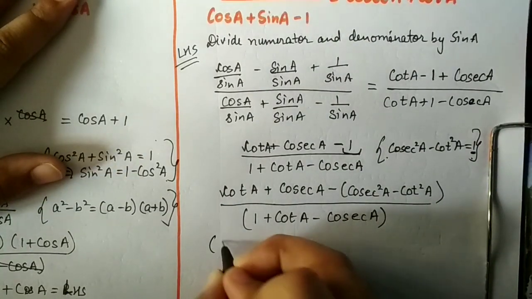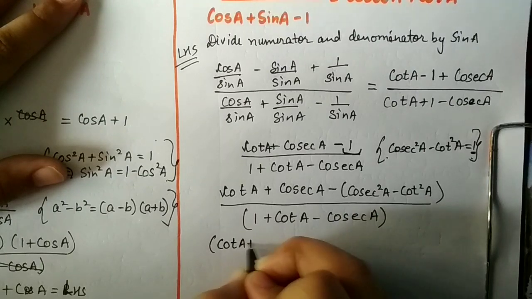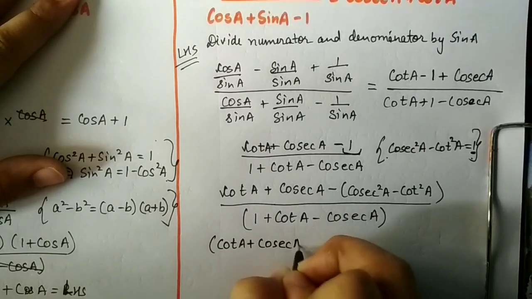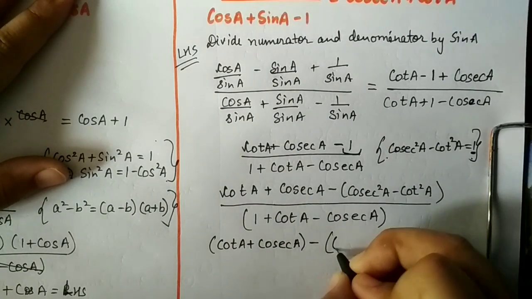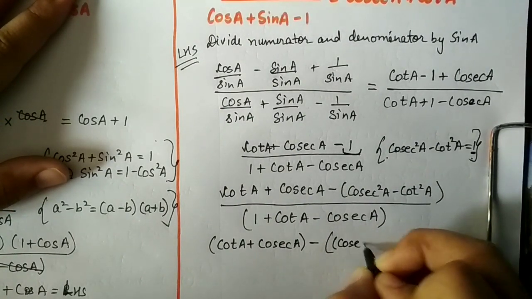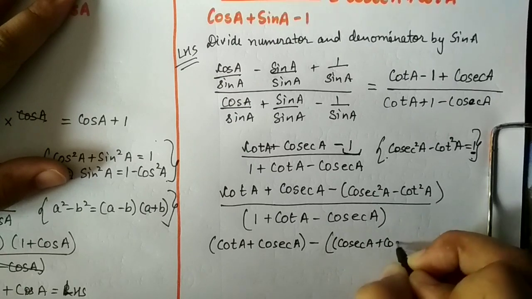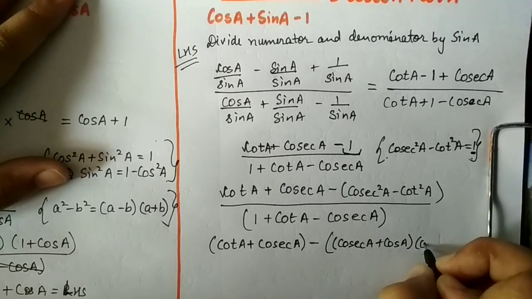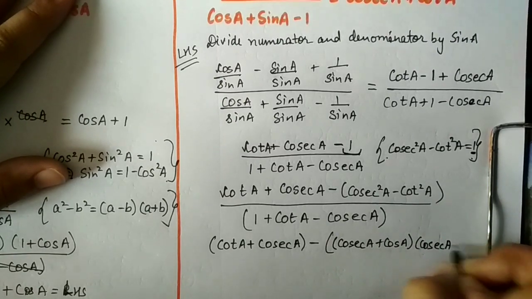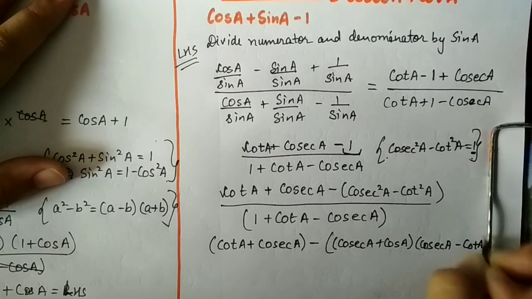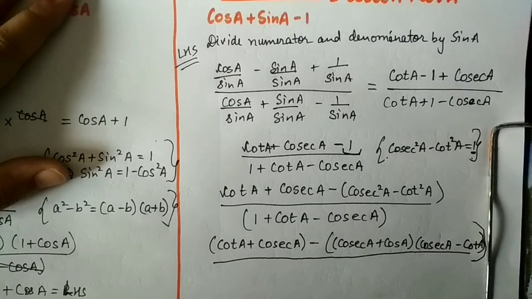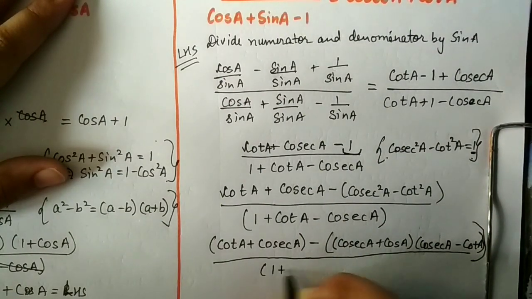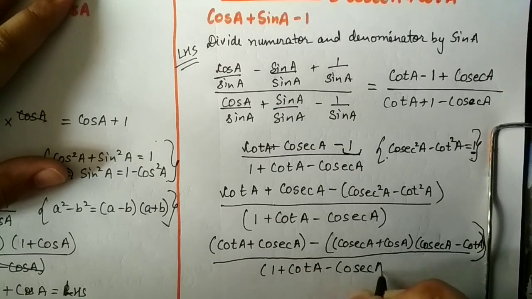So you have cot a plus cosecant a minus, here you are applying the identity, and in bracket you have cosecant a plus cot a into cosecant a minus cot a, divided by, keep the denominator as it is, that is 1 plus cot a minus cosecant a.